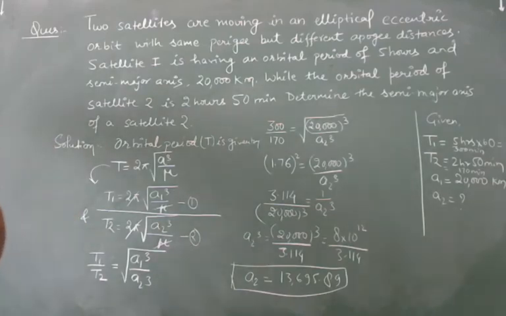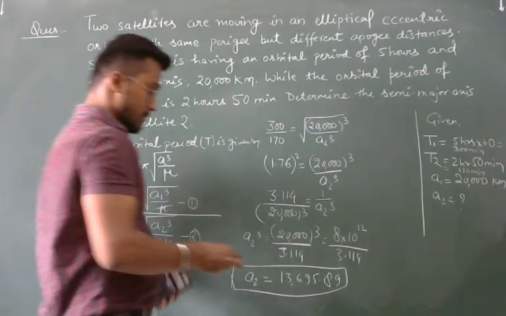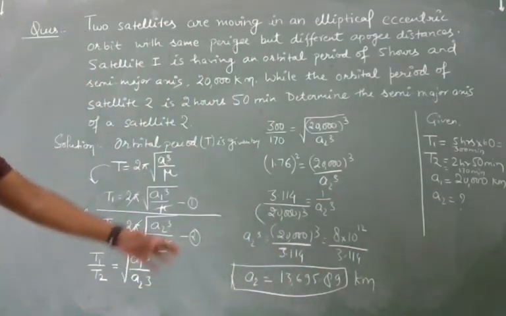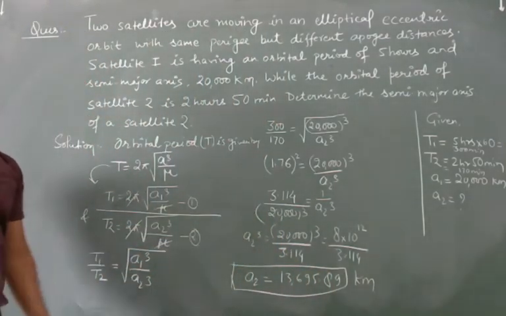This is in kilometers. This is the value for the semi-major axis for satellite 2.